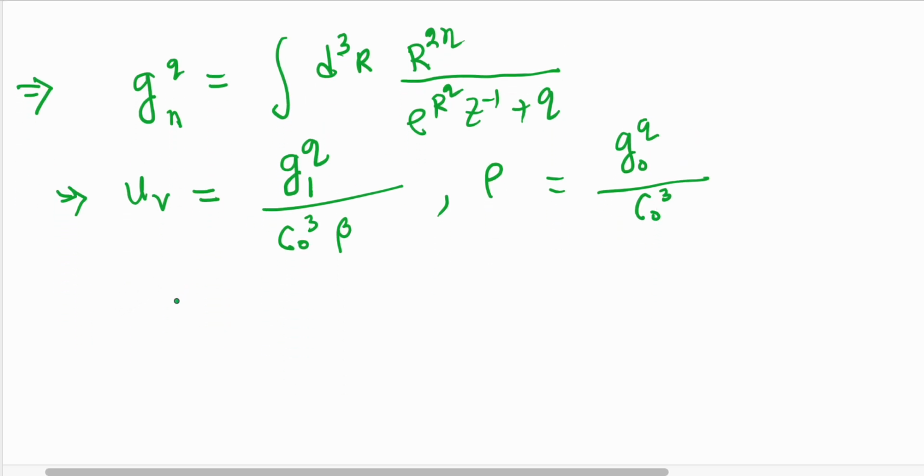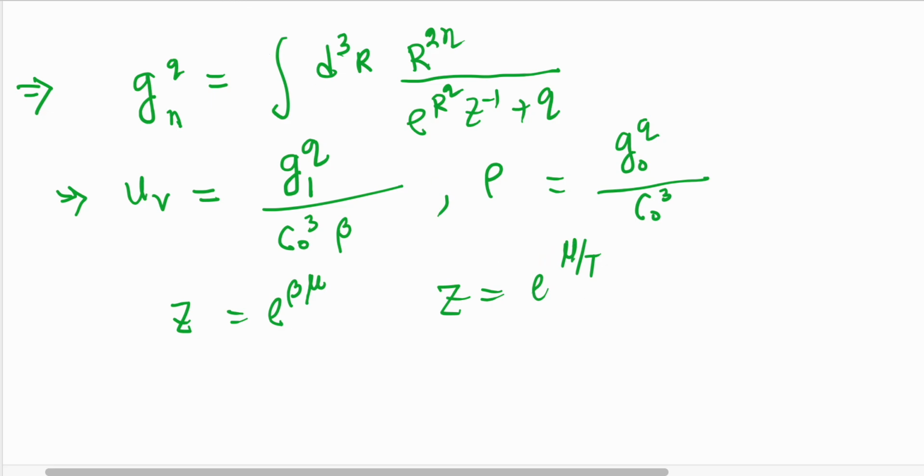At high temperature, Z is nothing but e to the power beta mu, where mu is the chemical potential. Now at high temperature, Z will be e to the power mu by T. At high temperature, this quantity will be very small, because as T goes to infinity, this term will be very small, right?